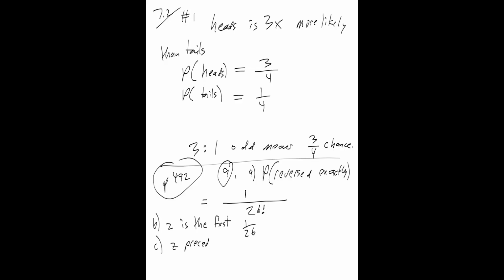Z precedes A in their outcome. What's the probability that Z precedes A? So it's like Z is before A in the permutation. No, it just says precedes, because the next one says immediately precedes. This one just says precedes.